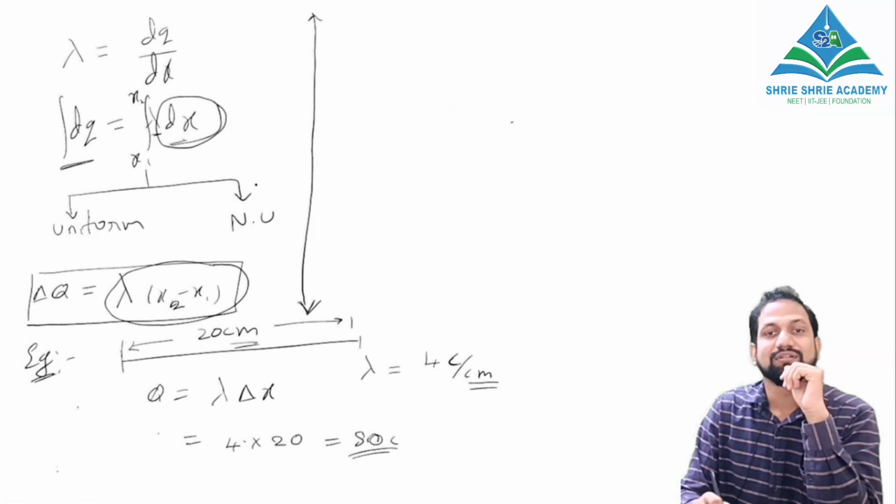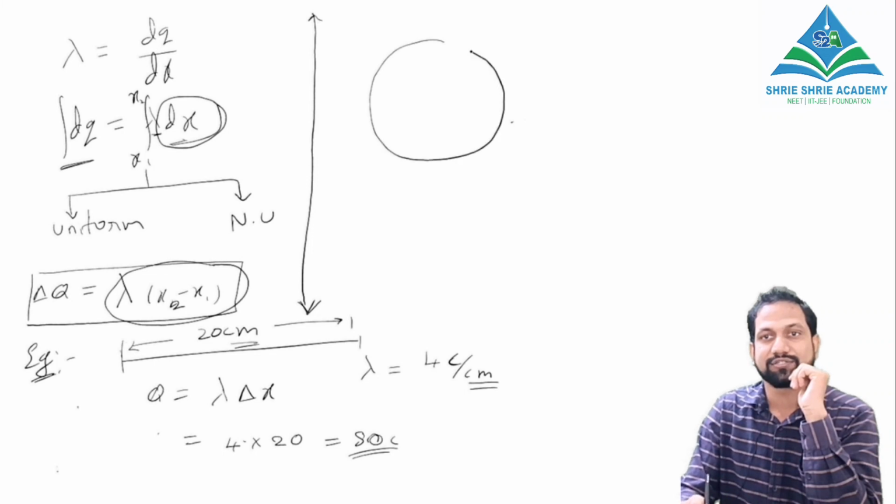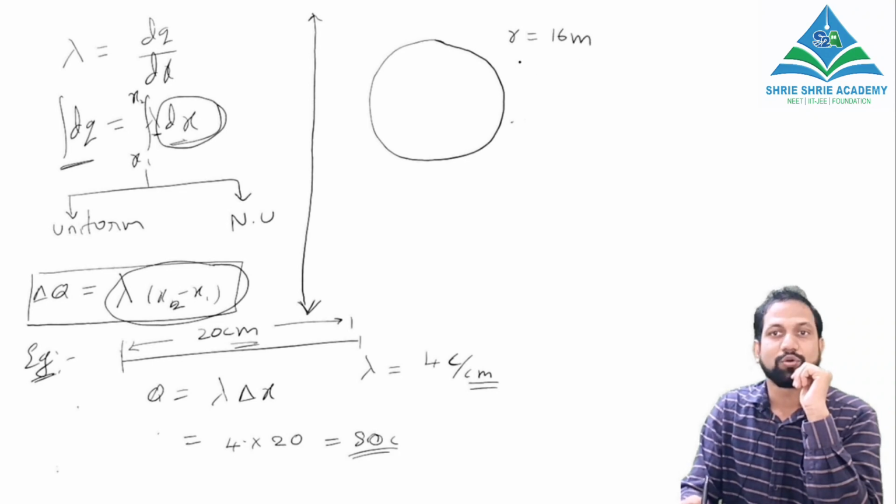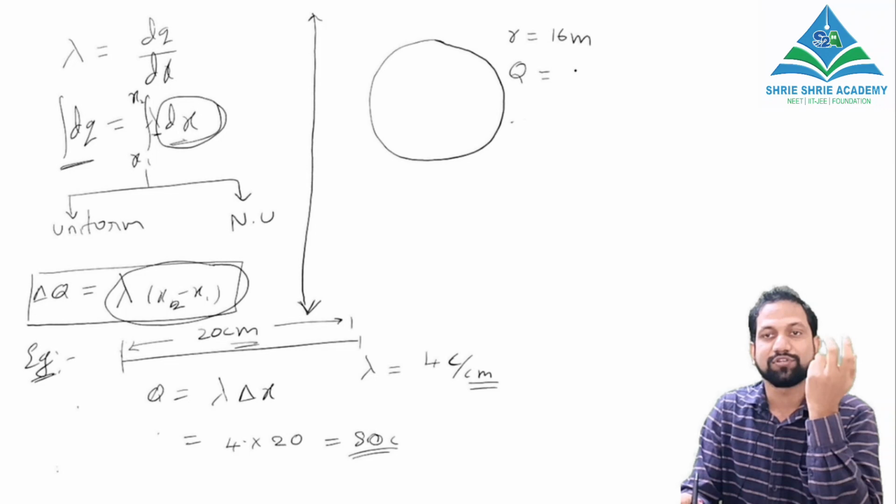In the same way, if you talk about surface charge densities, let me give an example. Consider a disc of radius 16 meters, and the total charge given to the disc is 100 coulombs.